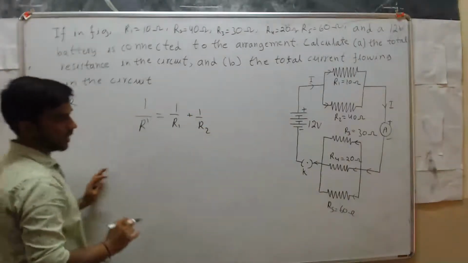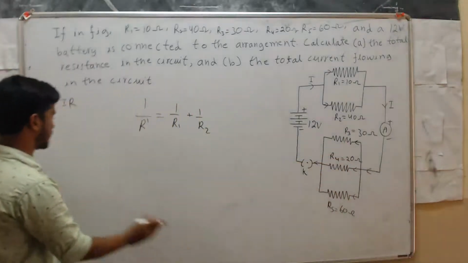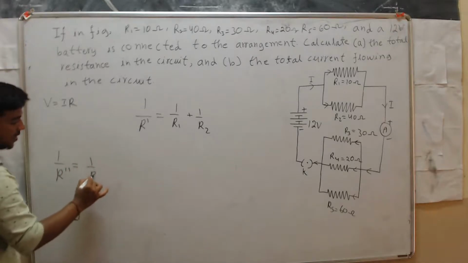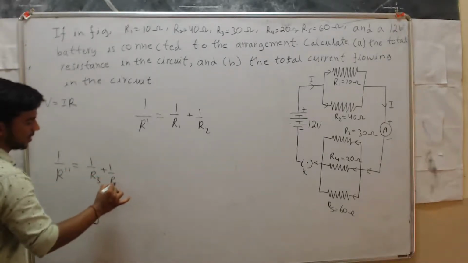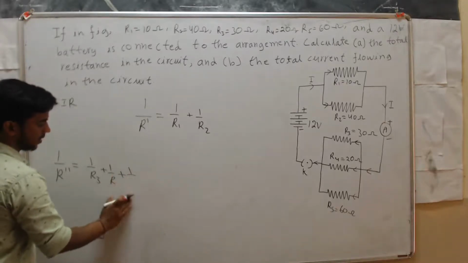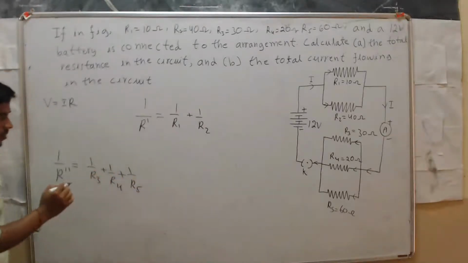Clear? Next, to calculate the total resistance among these three resistors, I will take R double dash. 1 by R double dash is 1 by R3 plus 1 by R4 plus 1 by R5. Okay?